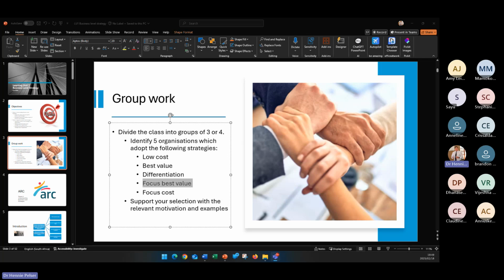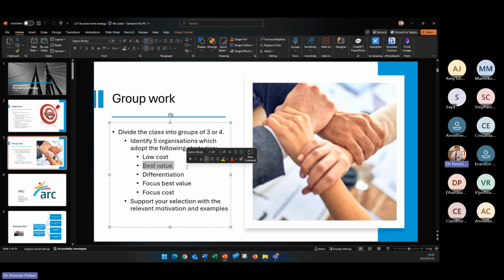Differentiation. What are some of the differentiated low cost, differentiated fast food providers? I think Nando's would fit into that. I think Nando's considers themselves quite differentiated. The theory around McDonald's is that they are differentiated, that they are unique. Now, these best value, I would have put KFC maybe as a best value.